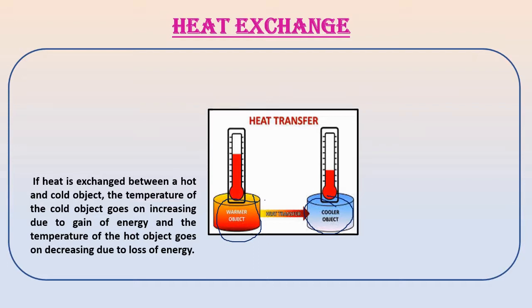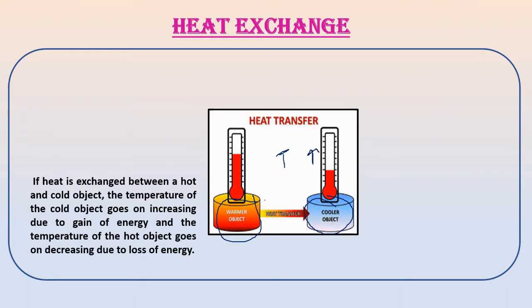That means the warmer object is transferring its heat energy to the cooler object. So what can we understand from this? The temperature of the cold object. T is temperature. Here I'll mention T for temperature. So the temperature of this cooler object will go on increasing.